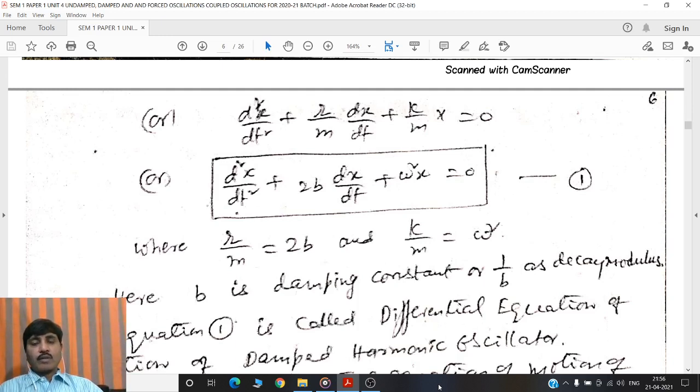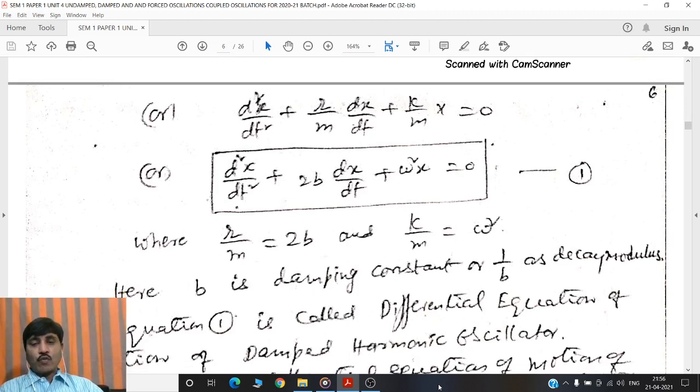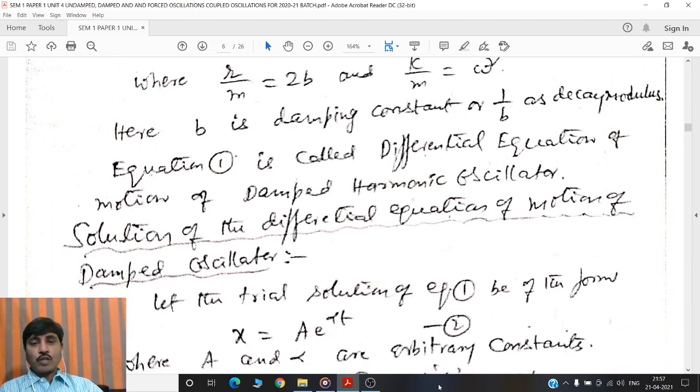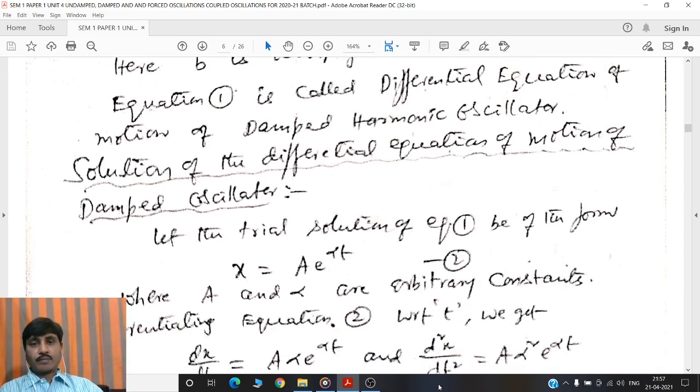Then the differential equation is d square x by dt square plus 2b dx by dt plus omega square x equals 0. Here b is called damping constant, or 1 by b is called decay modulus, and omega square equals k by m, or omega equals square root of k by m, called angular frequency or angular velocity. Equation 1 is called the differential equation of motion of damped harmonic oscillator.